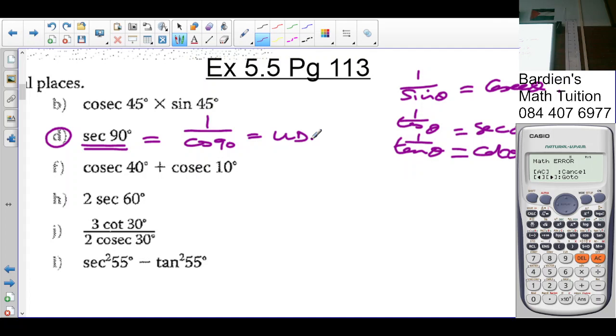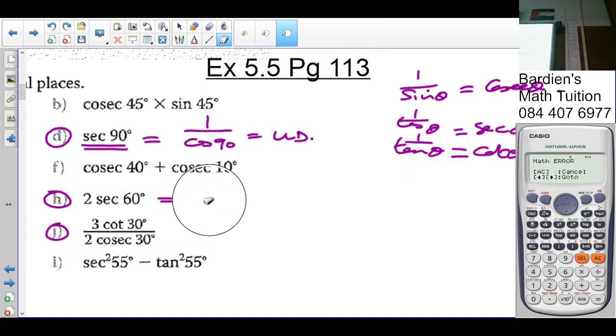Anything else? H. Okay, let's look at H. So sec is 1 over cos. Now you see that the problem here is that there's a 2 in front.